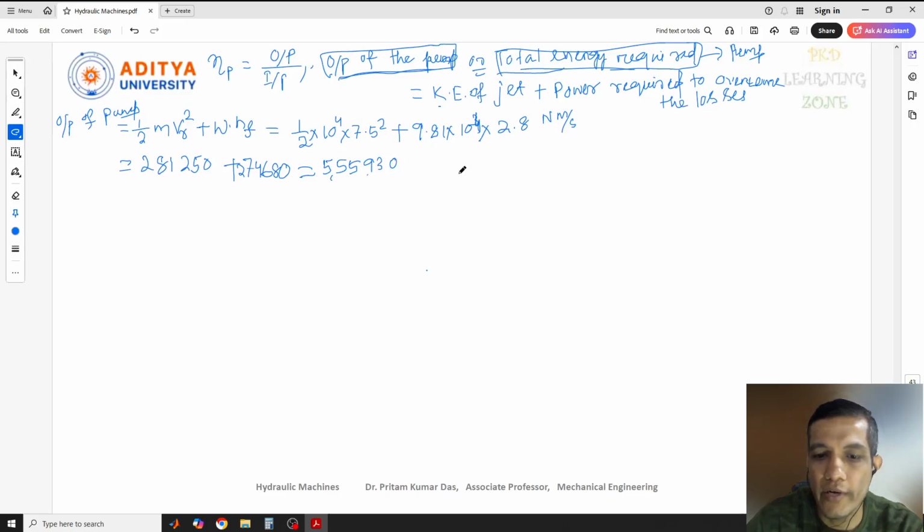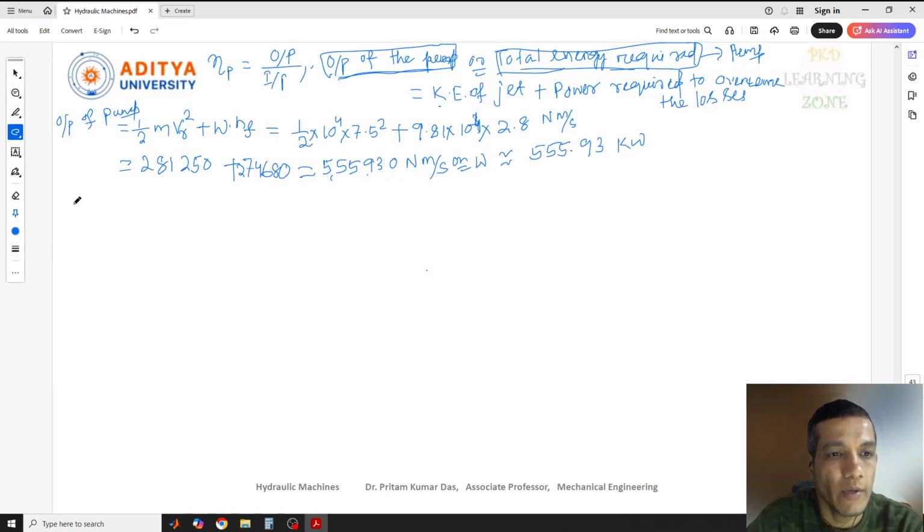So this much is newton meter per second, or we can write watt. If you want to convert into kilowatt, you can write 555.93 kilowatt. This is the output of the pump.